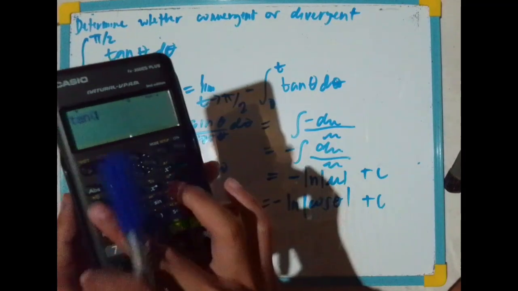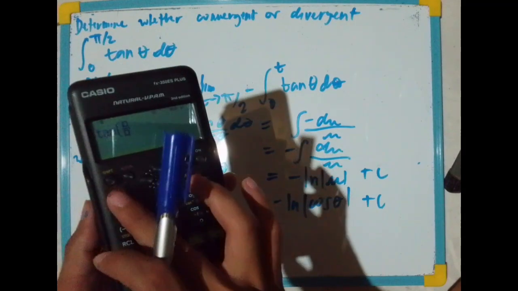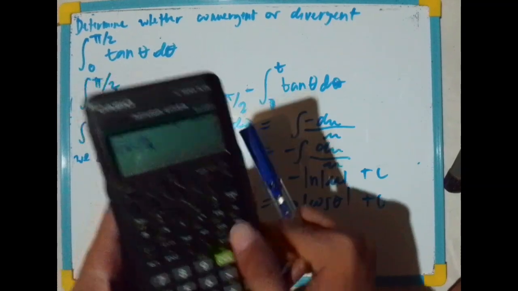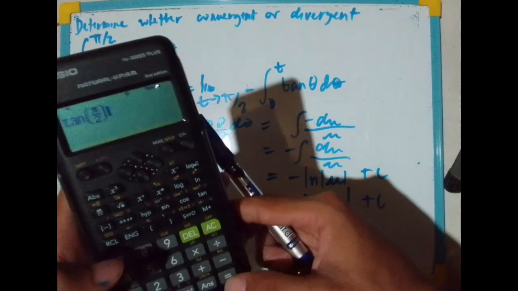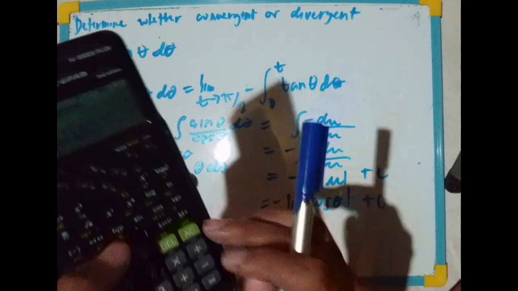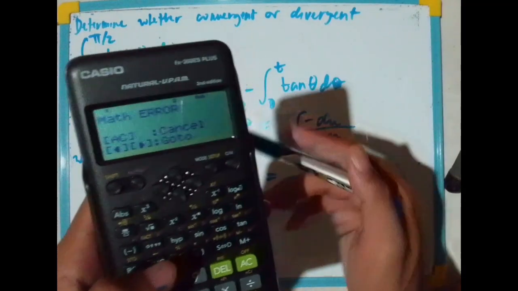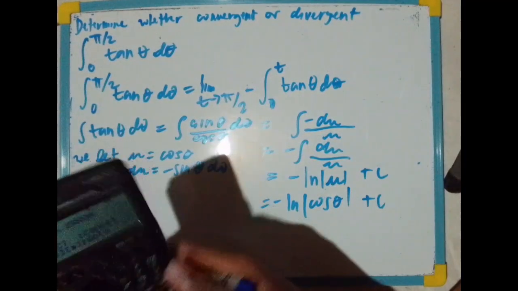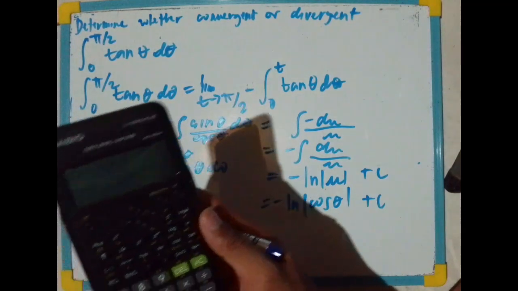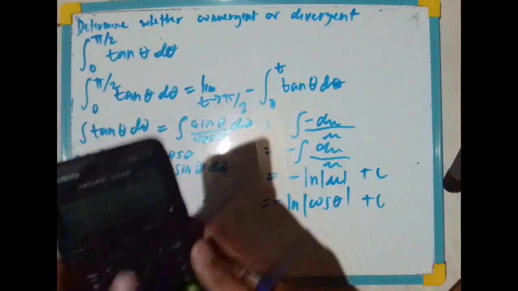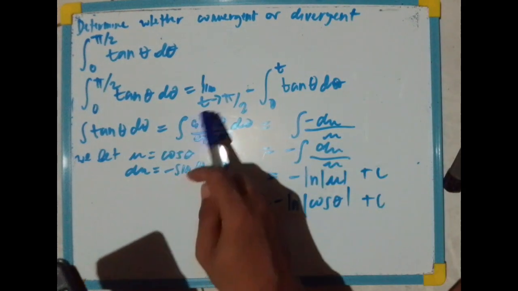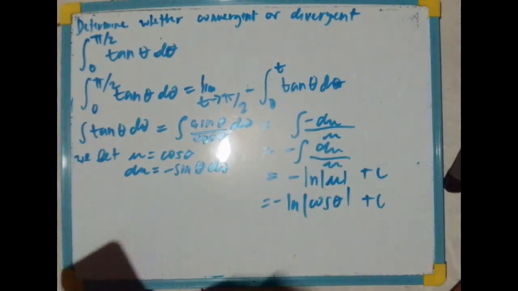If we substitute the upper boundary, which is pi over 2, the result is a math error, so it is undefined, not continuous. Tan 0 is 0, but it is not continuous at the upper boundary, so we need to apply this kind of definition.